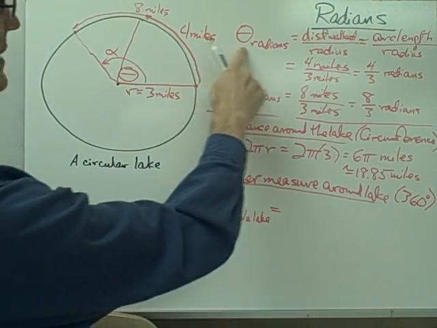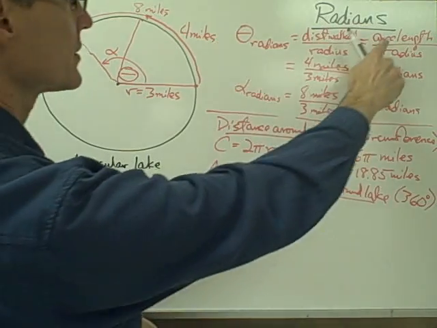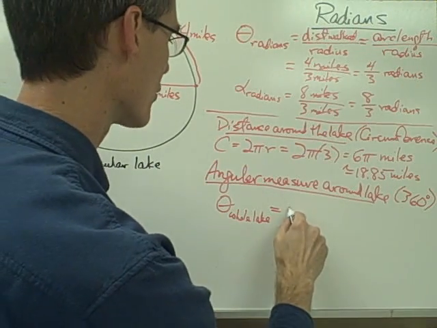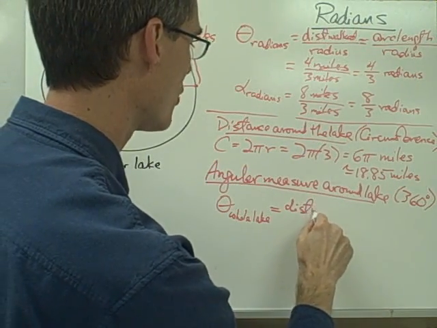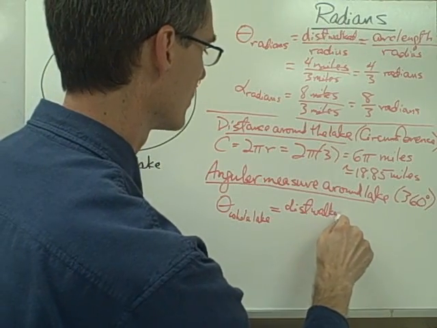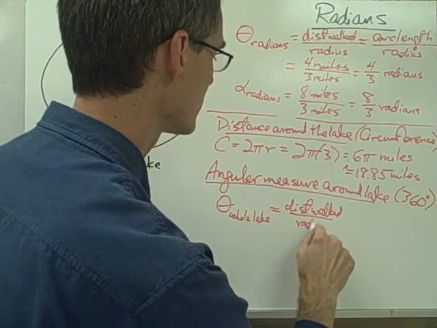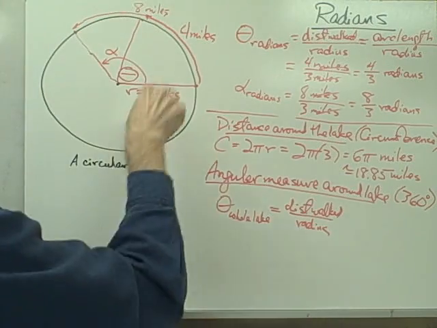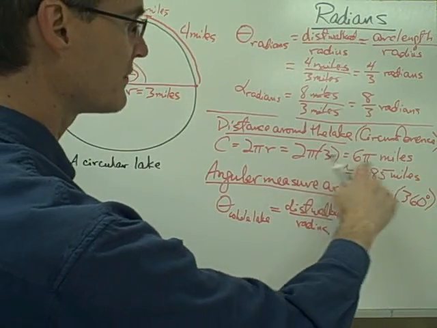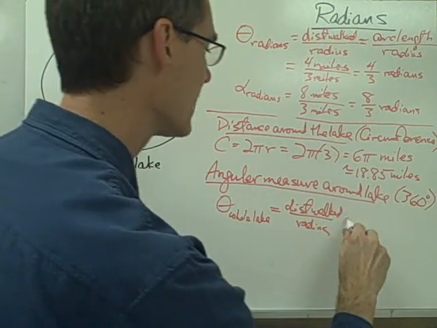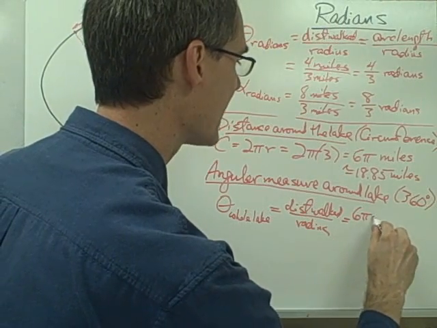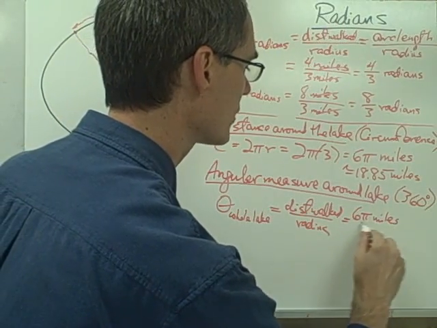Well, my definition of radian measure is arc length divided by radius, or if you'd rather say, distance walked divided by radius. Well, if I walk around the whole lake, I've gone 18.85 miles, or actually I'm going to write it in terms of pi. I've gone 6 pi miles. That'd be the distance walked.